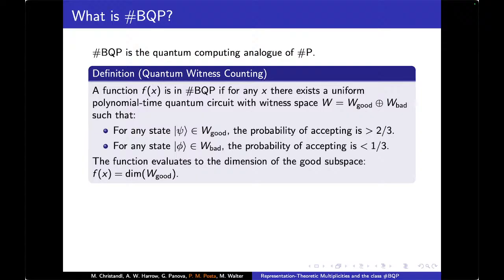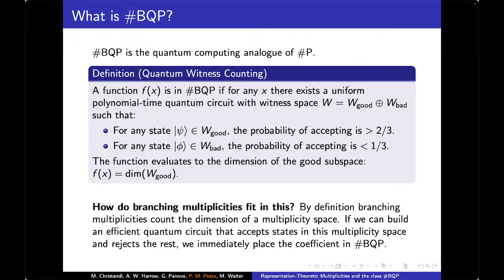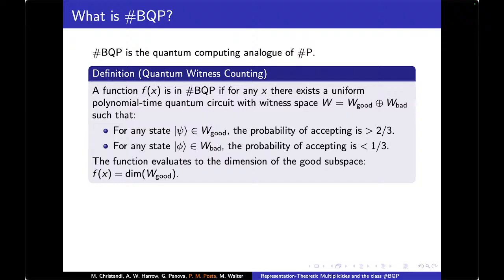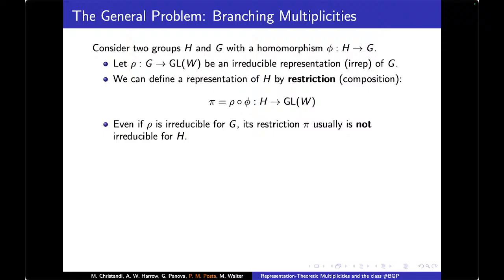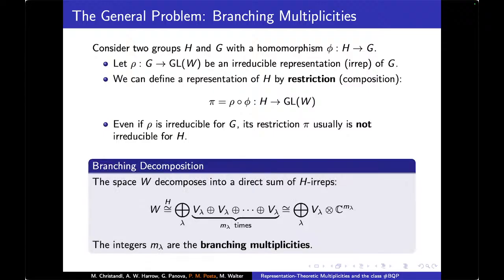So the idea is basically that you have this witness space that decomposes nicely as a good subspace and a bad subspace, and you want f of x to be the dimension of the good subspace. Right. And why do branching multiplicities fit in this? Well, this can be seen, for example, from their definition, because it's clear that already here they are the dimension of a space. And let's say that we want to look only at the case in which the vector lying in here is, for example, the highest weight vector in a Weyl module, then there is only one.